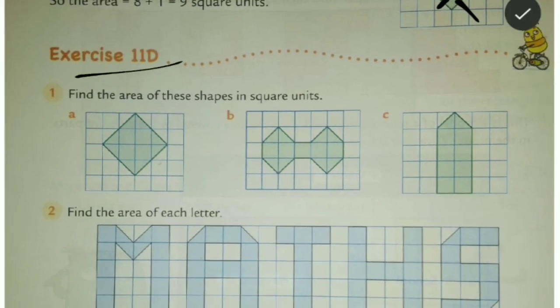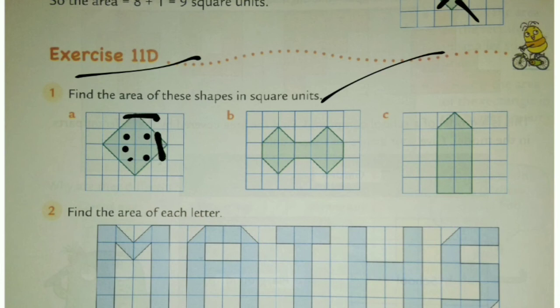See, exercise 11D, question number 1. First, find the area of these shapes in square units. So first we can count the full shapes. 1, 2, 3, 4. These are the full shapes. And this one is 5. This one is 6, 7 and 8. So we can write here 8 square unit.